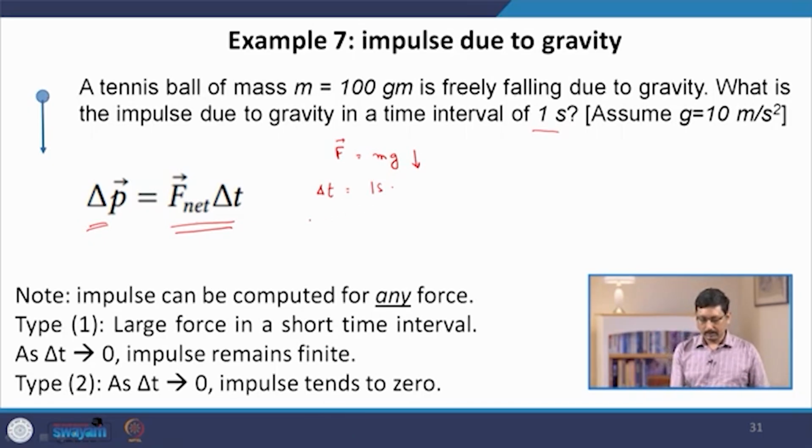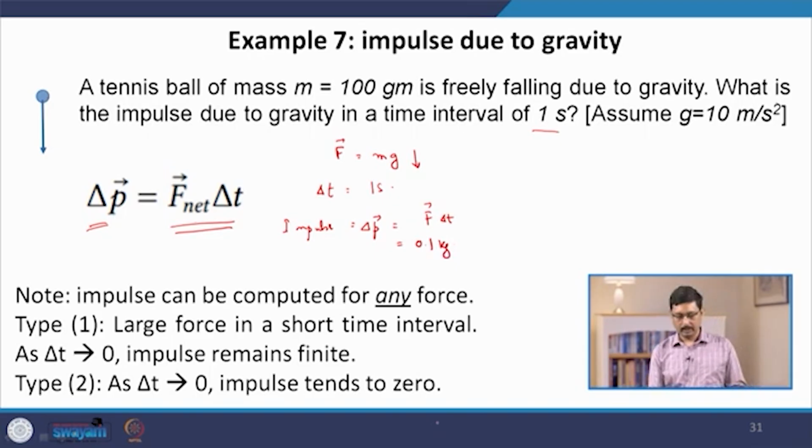So, then we can calculate the impulse, or the change in momentum, as F times delta t. In this case, there is just one force acting on the particle. The mass, I am going to convert everything to the SI unit, so that I do not make mistakes with units.